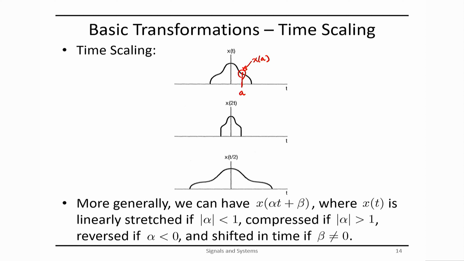So when you plug in t equal to a over 2, you get x of A. So for this transformed signal, you observe x of A at time a over 2.